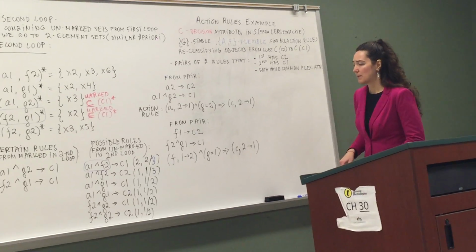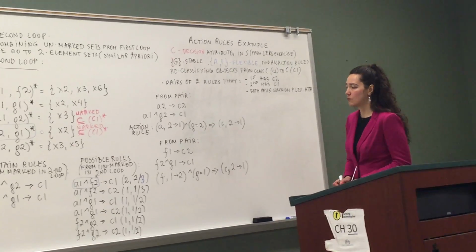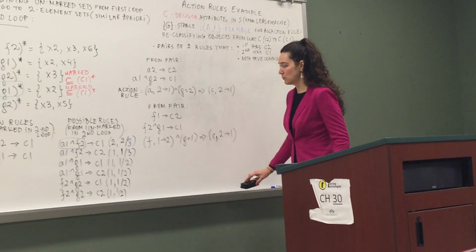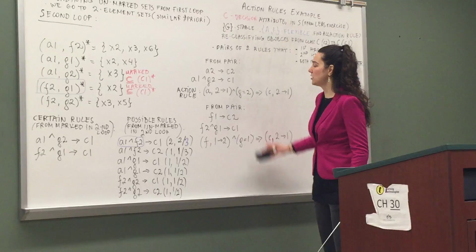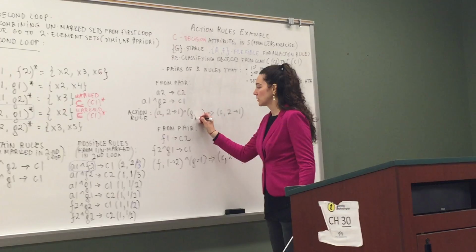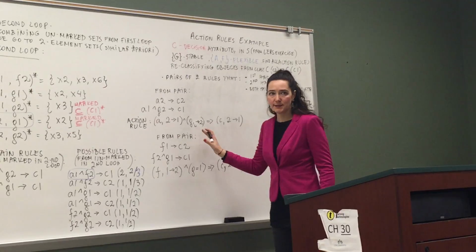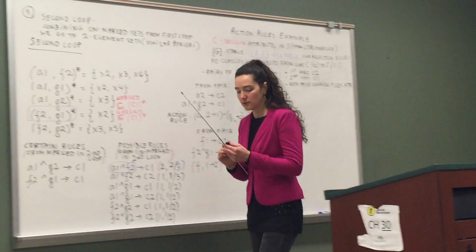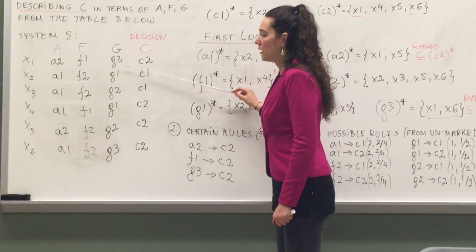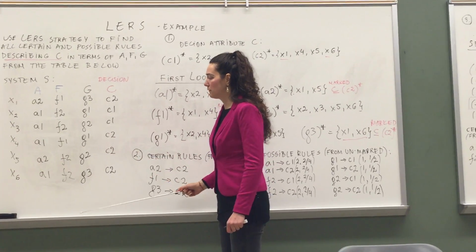Now, if G was not stable, if G was flexible, then over here, instead of saying G equal to 2, we would say G change from anything to 2. That makes a big difference because if G is flexible, we can now apply the rule to all these objects, x1, x2, x3, x4, x5, x6, to all of them.